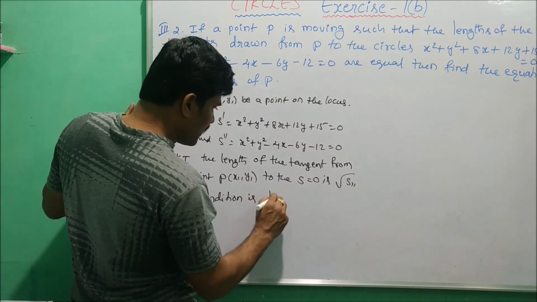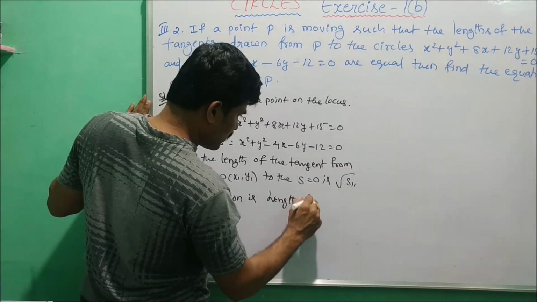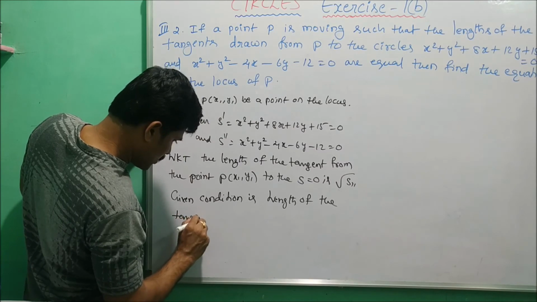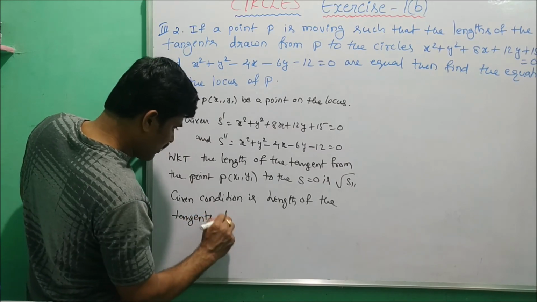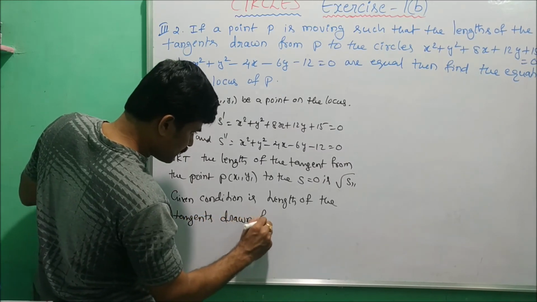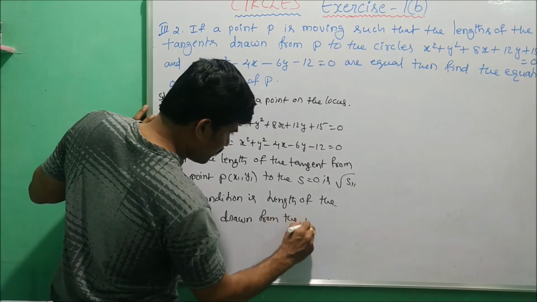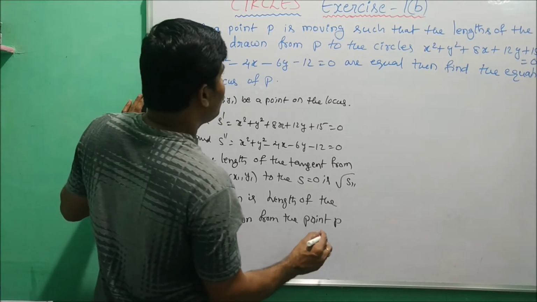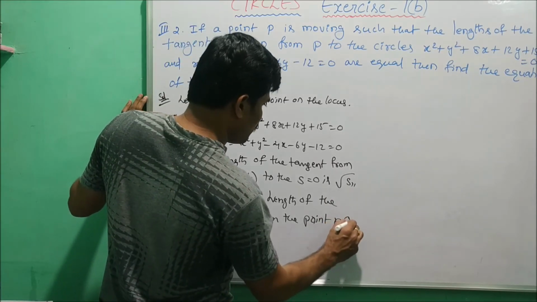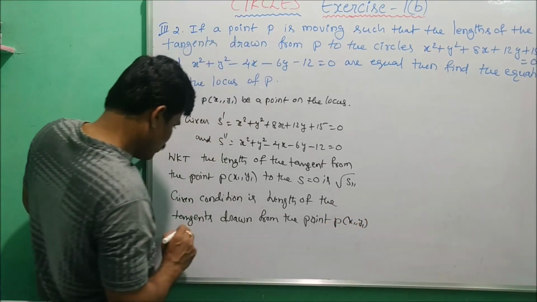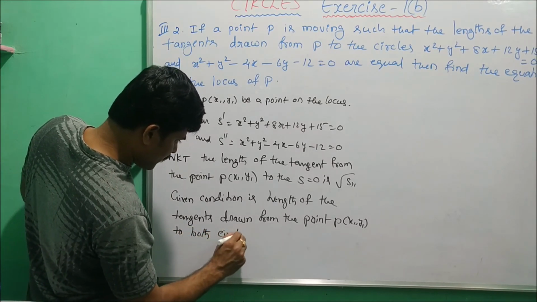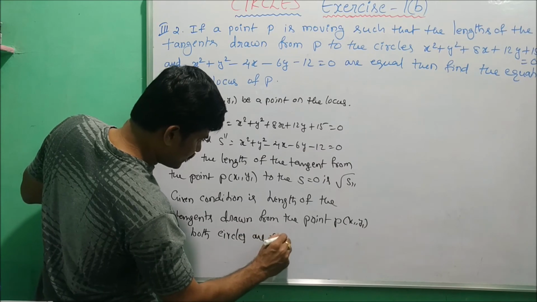the lengths of the tangents drawn from the point P(x1, y1) to both circles are equal.